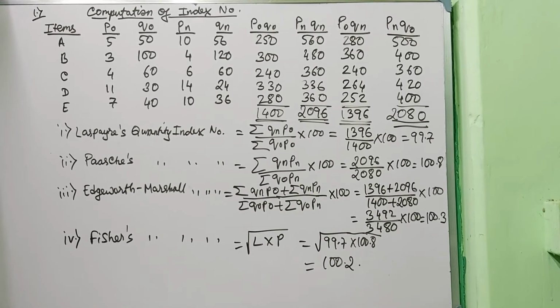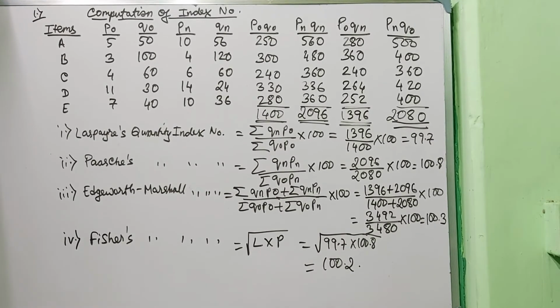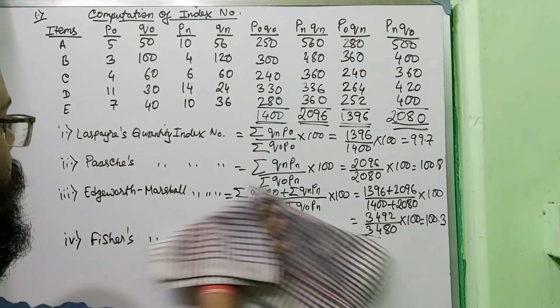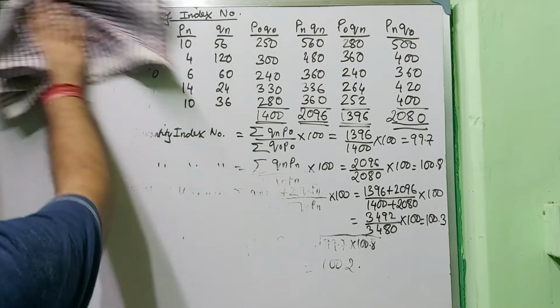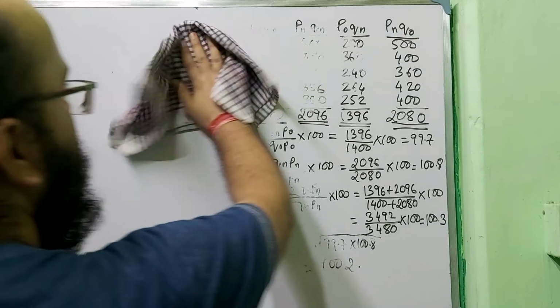That means if the index number of a certain period n with respect to the base period 0 is the reciprocal of the index number of period 0 with respect to the base period n, then symbolically we can write it. I hope you have already completed; otherwise just pause and you can complete the sum.